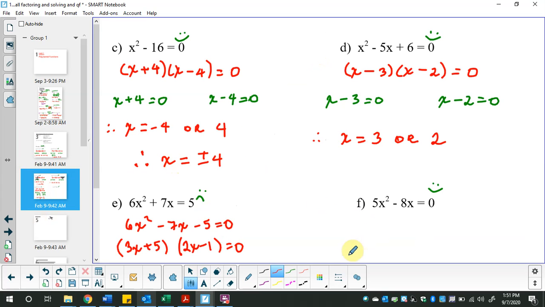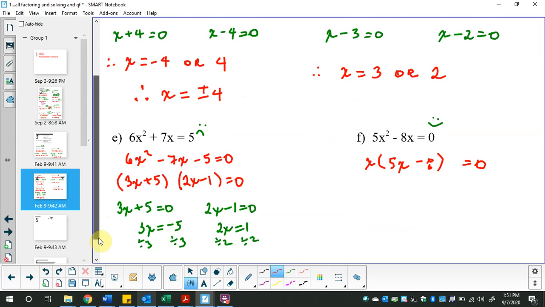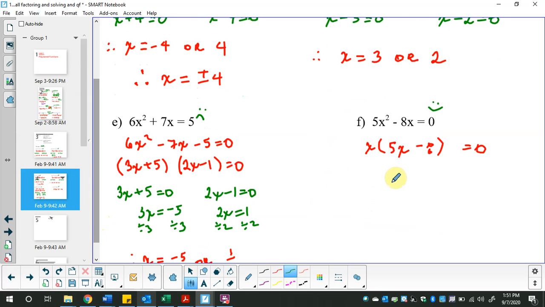So this was our common factoring question, which I can do in my head without checking back. Happy we've got the 0. We'll have 5x minus 8 equals 0. Don't lose the x equals 0.